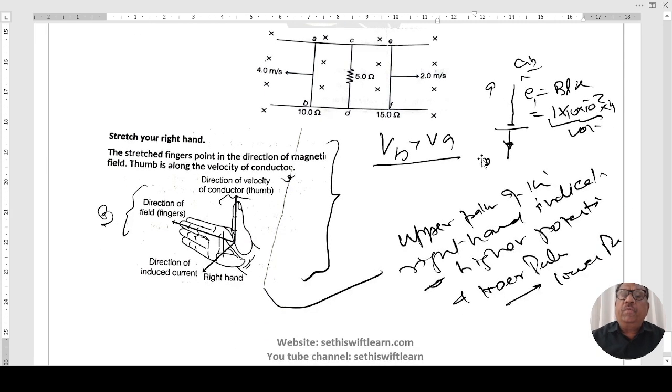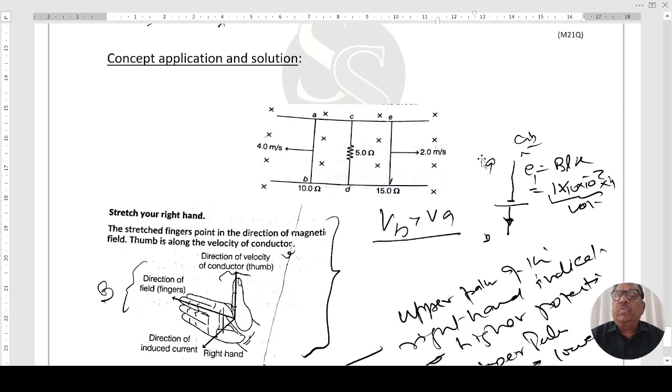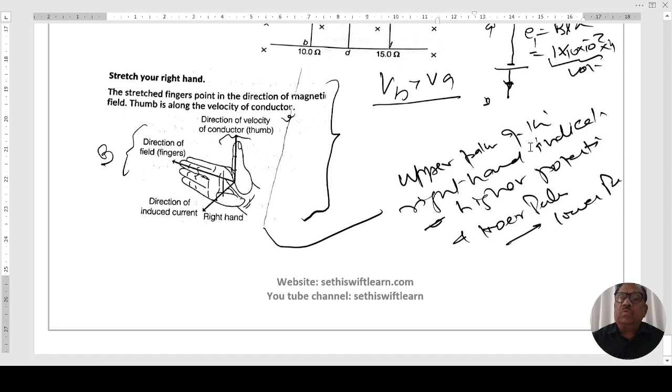Similarly, for EF, it is moving towards the right, so the upper palm means VE is greater than VF, and the direction of induced current will be like this. This is the higher potential, this is point E, this is point F. Similarly, we can find E equal to BLV, since B, L and v are given.